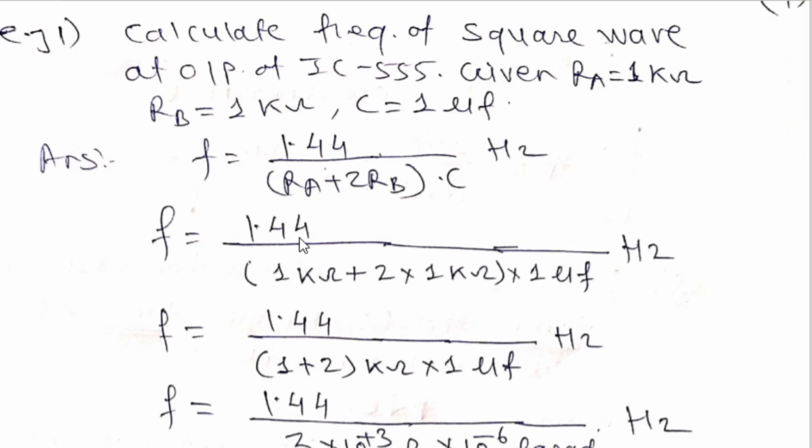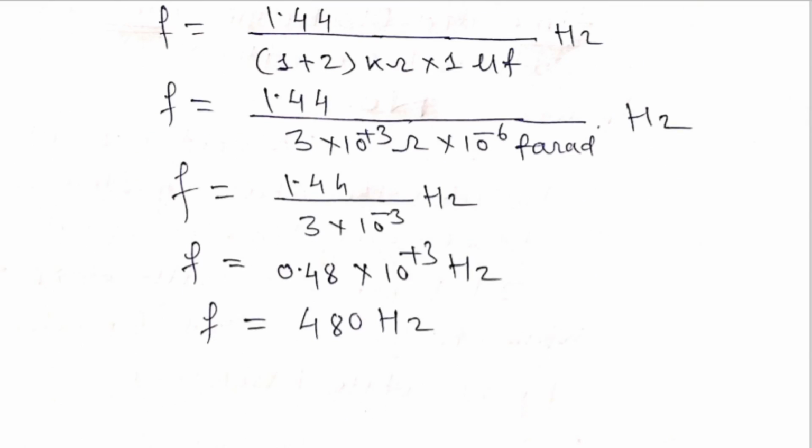The given values are: 1.44 constant, 1 kilo ohm plus 2 times RB, again 1 kilo ohm, C is 1 microfarad. Convert kilo ohm into ohm and microfarad into farad, the basic units of resistance and capacitance, and then the value will be in hertz.